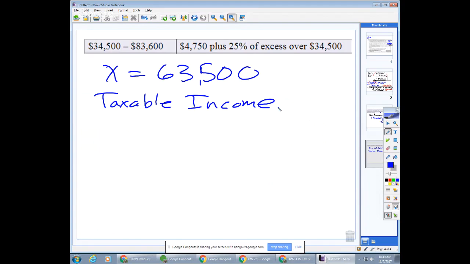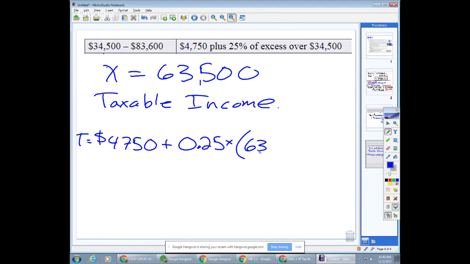So this here says if it's in this region, which it is, you start off by paying a tax. So I'm going to call that T equals 4,750 plus 25%, so 0.25, of the excess over 34,500. So then I'm going to have to do a times a subtraction.